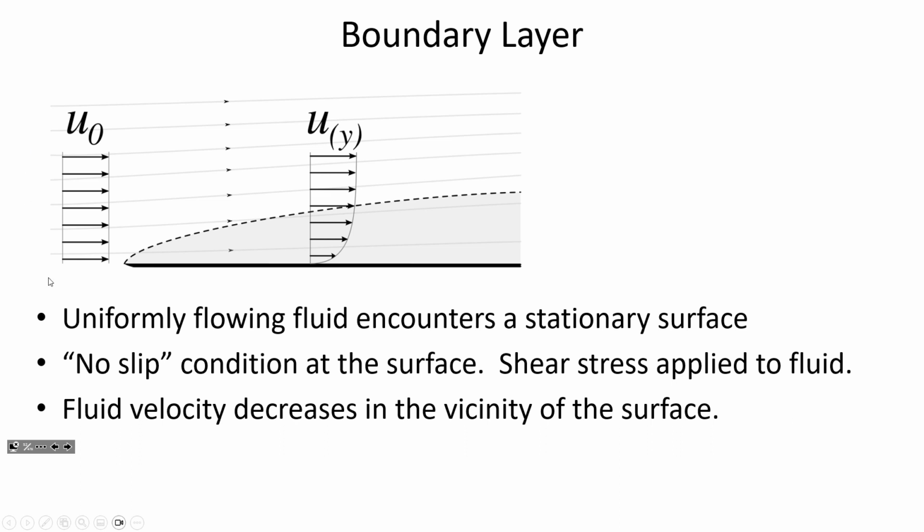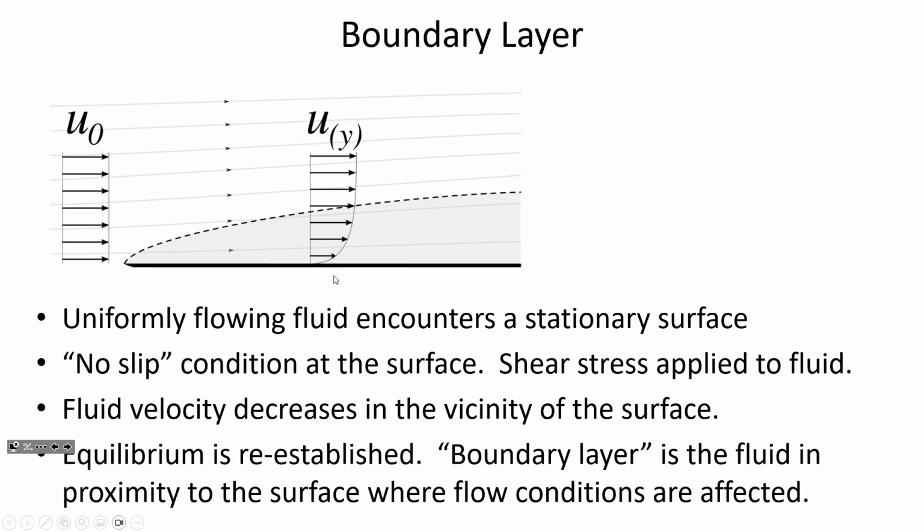So here, prior to the flow encountering the plate, it could have been that the velocity was high enough that we had turbulent conditions, but there's going to be a boundary in which the velocity is low enough that even though bulk flow is turbulent, there's a thin layer of laminar flow in the vicinity of the stationary surface.